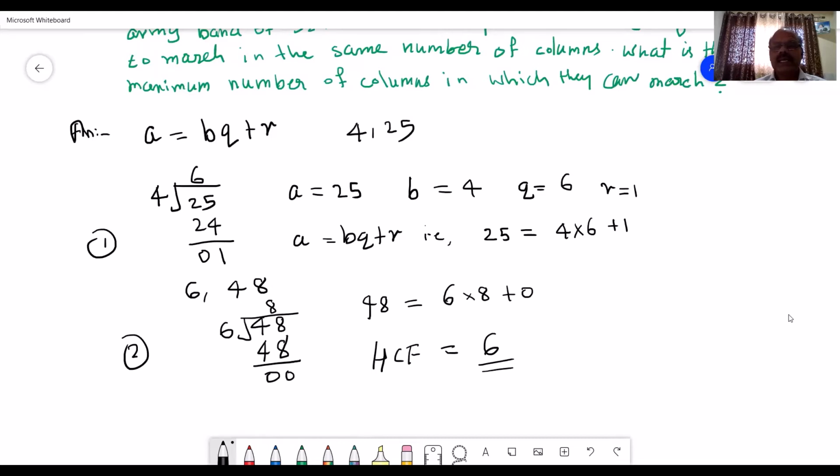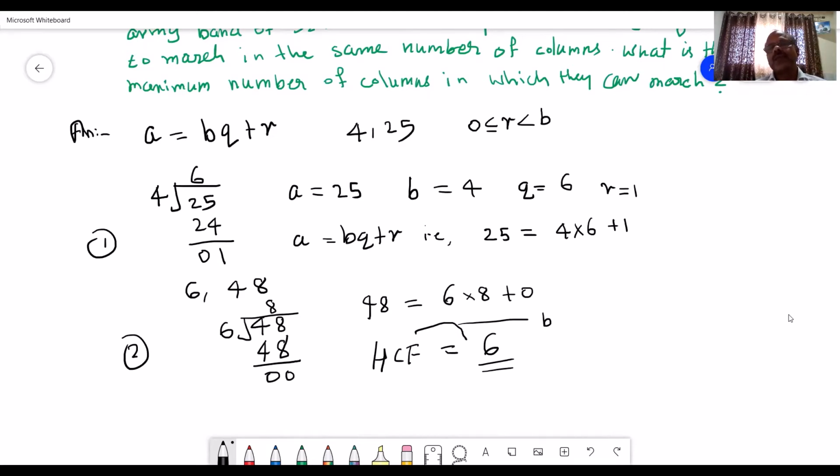Another thing the theorem is saying is that 0 is less than or equal to r, and r is less than b. Here the HCF is b, the divisor, and the divisor will be greater than the remainder.